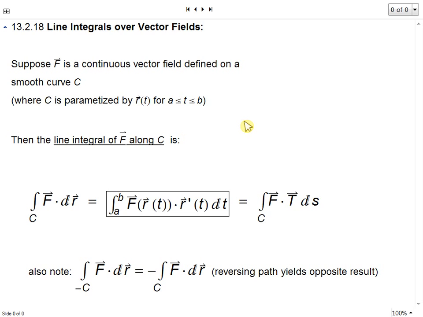And then this right here, r prime of t dt, is dr. Notice the r has the vector symbol on it, right? This is the first time that we have an integral where our differential actually has a vector in the differential. That's different than ds, right? Also note that if you reverse the path, you get a change in sign for work.